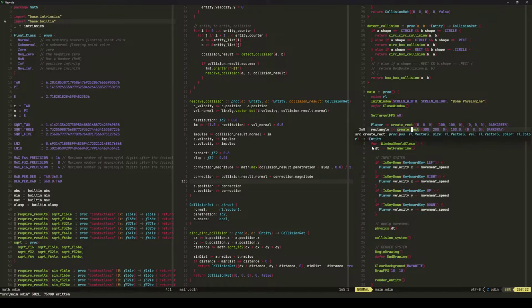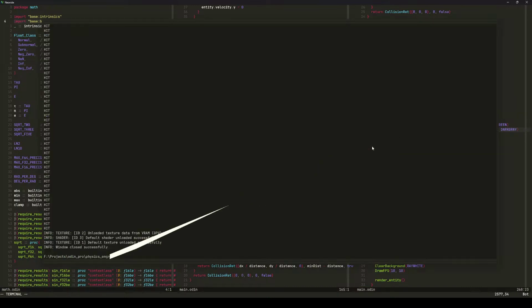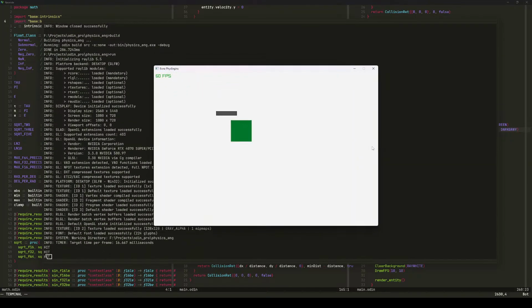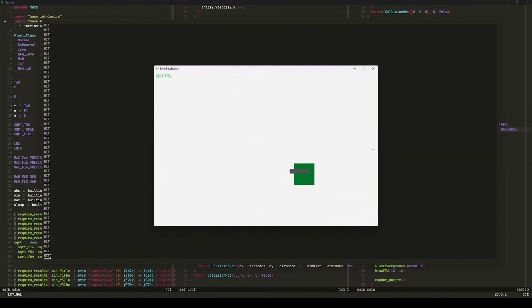Position and then size, right? I gotta give it 20 and 0. And then what? Size, velocity, right? Let's see. It's even worse.